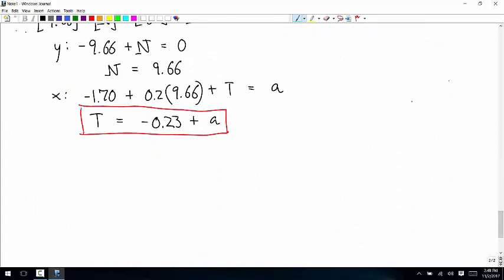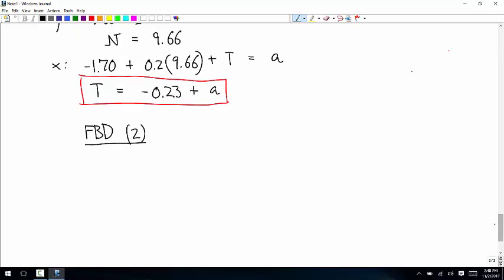Okay, so now free body diagram of the 2 kilogram. There's the weight force. That's 2 times 9.81. And then there's the cable force, and that's the same cable as the one pulling on the other one, so that's going to be T up.